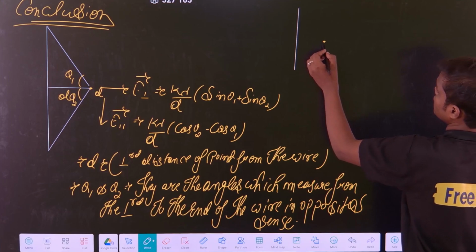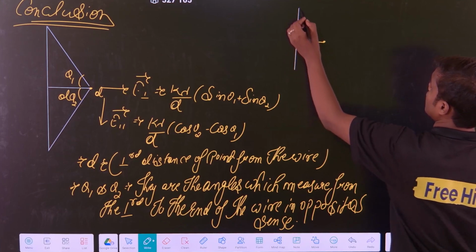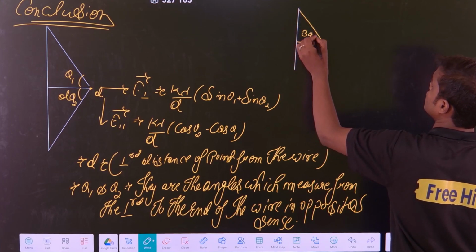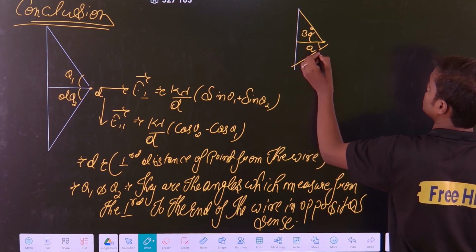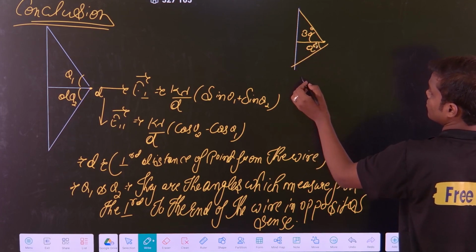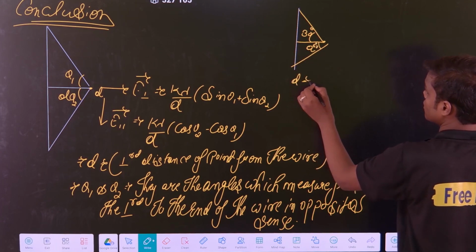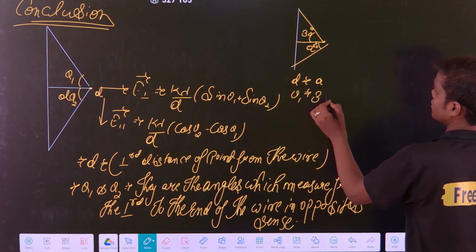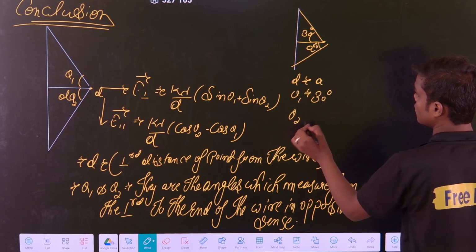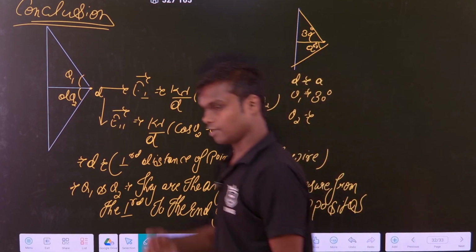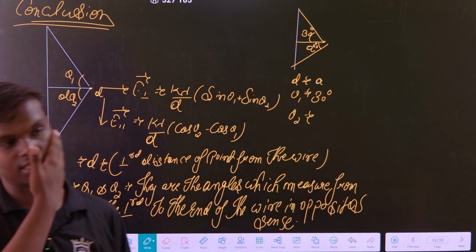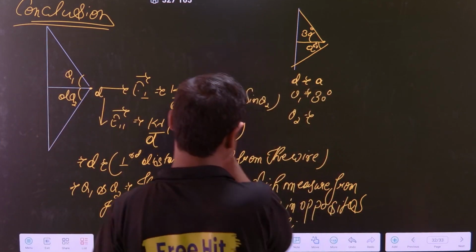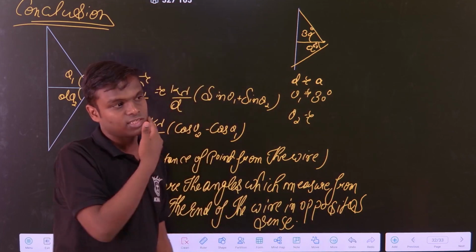I'm saying suppose this is a point, this distance is A, and this angle is given as 30 degrees, and this angle is given as 60 degrees. So first, what is my d? From here, d you can say is A. What is theta 1? 30 degrees. What is theta 2? Is it plus 60 or minus 60?